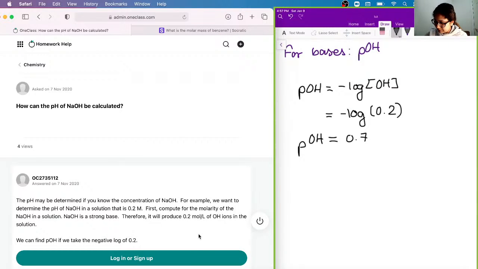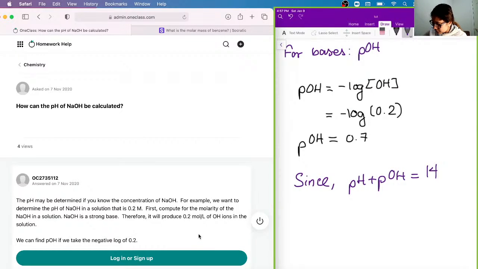We're trying to find pH, not pOH. There is a universal formula for that: pH plus pOH is equal to 14.